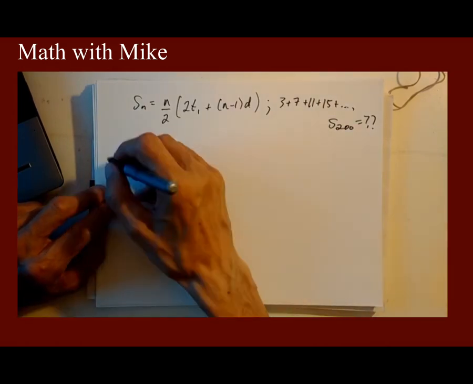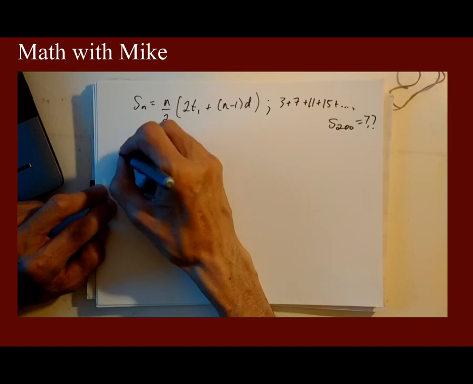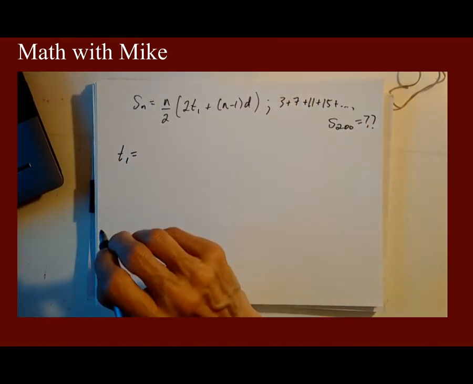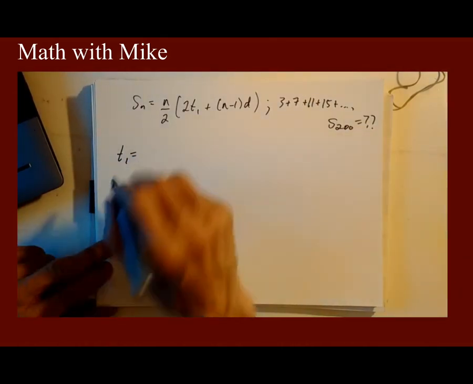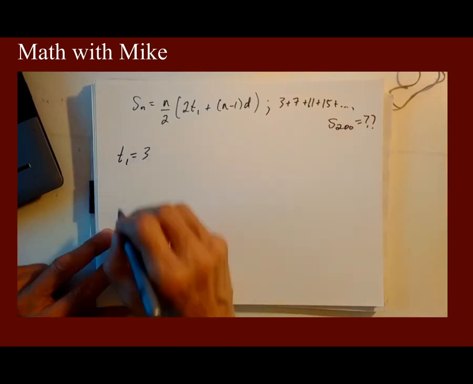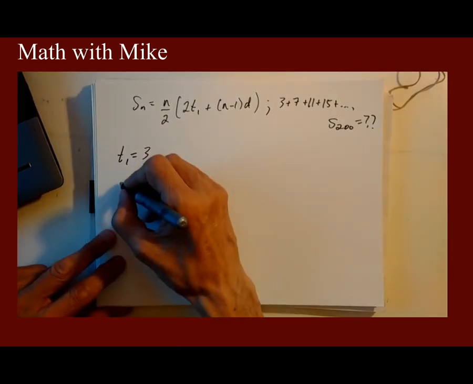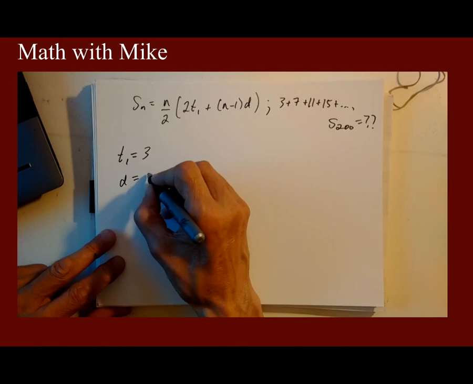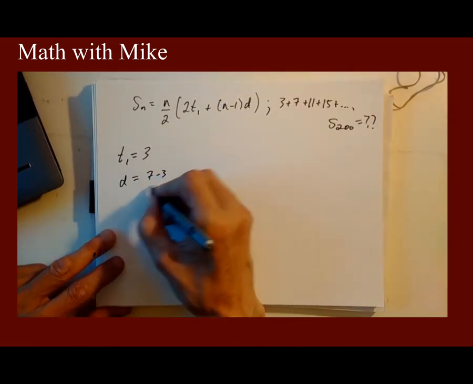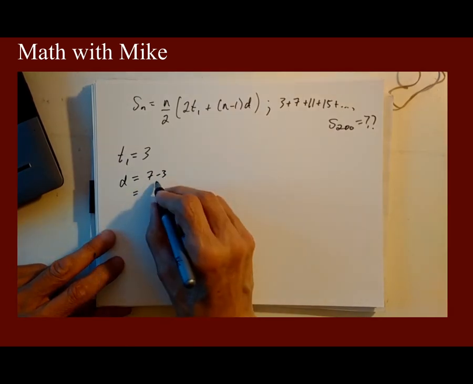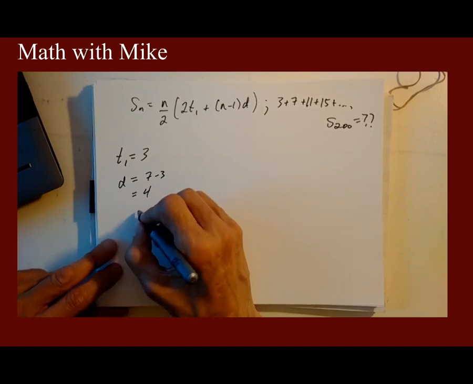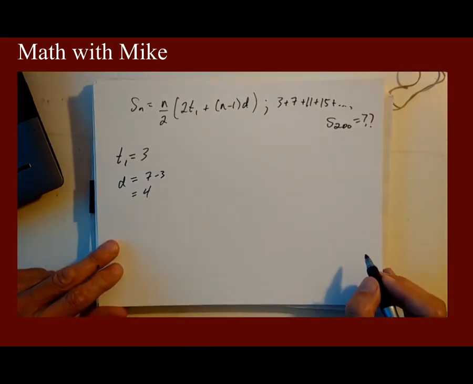For the usual, I'm going to write down the values that we know. We have t1, the first term, that is, the value in the first location is 3. The common difference: I think you and I can both see what it is, but let's just show it. 7 minus 3. Take one term, subtract the term in front of it. So you get 4 for that.